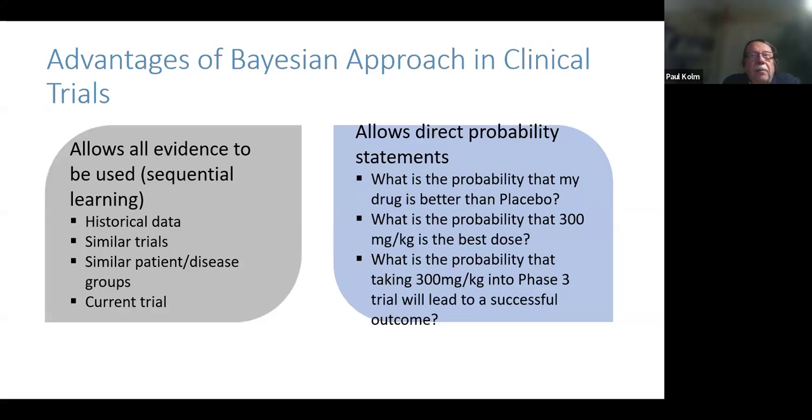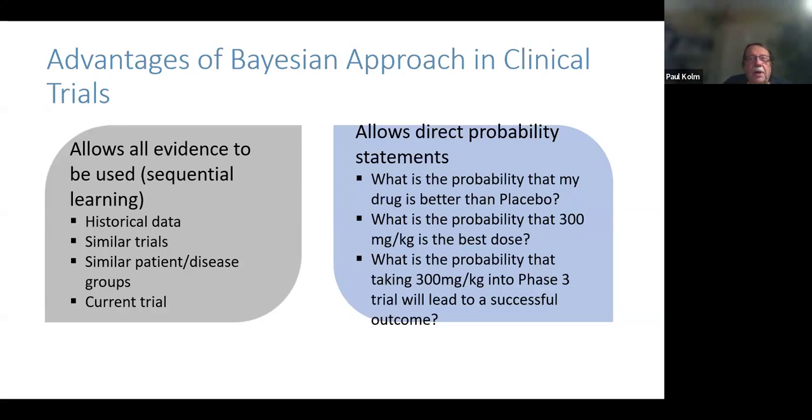So the advantage of a Bayesian approach in clinical trials, first of all, it allows evidence to be used. In other words, you can have sequential learning. You can use historical data. You can use similar trials or similar groups that have the same disease. And it does allow direct probability statements.